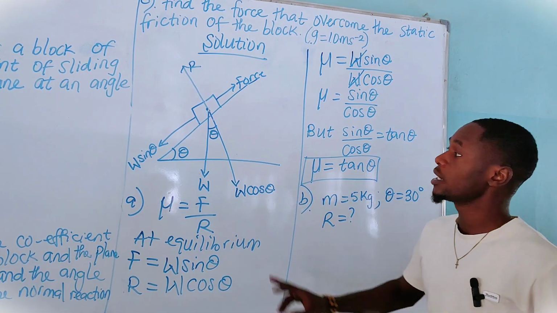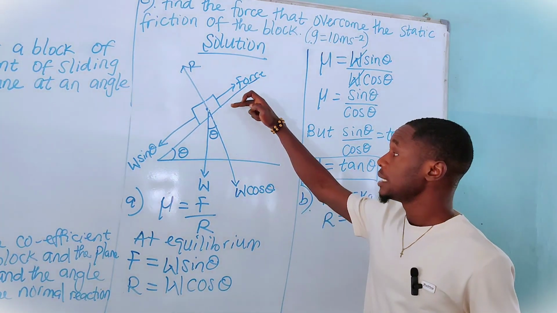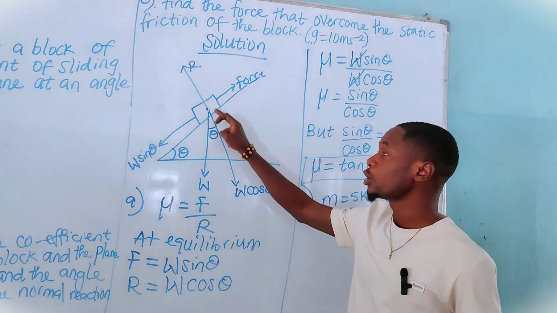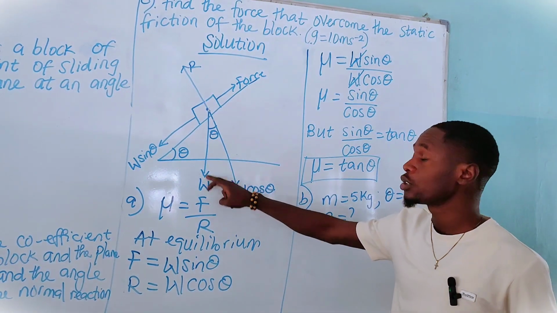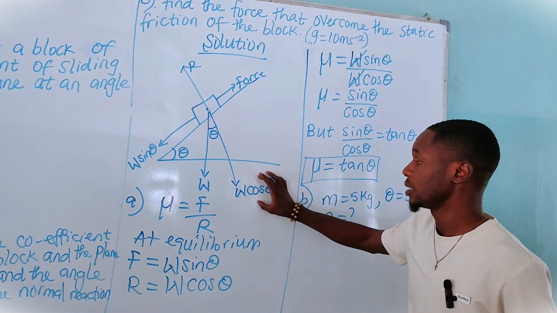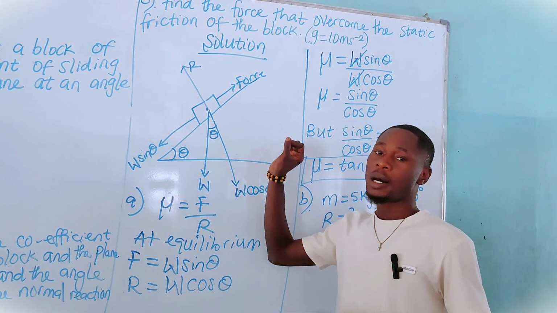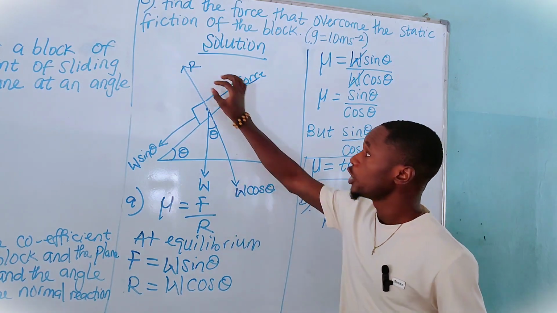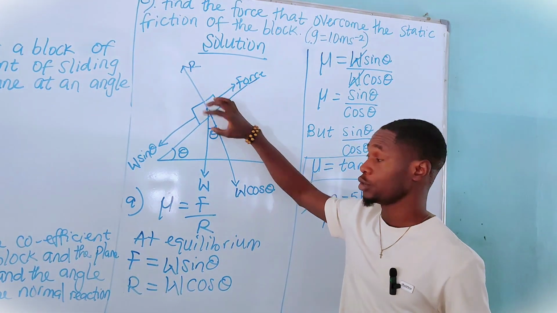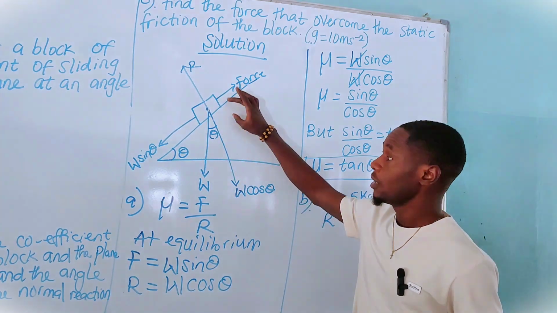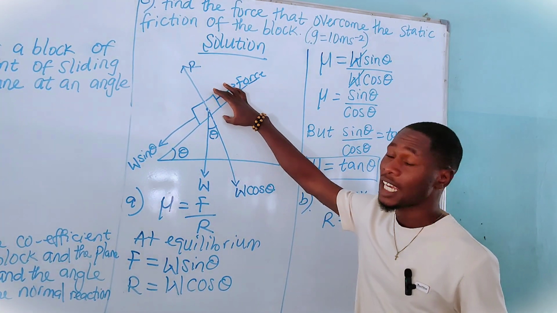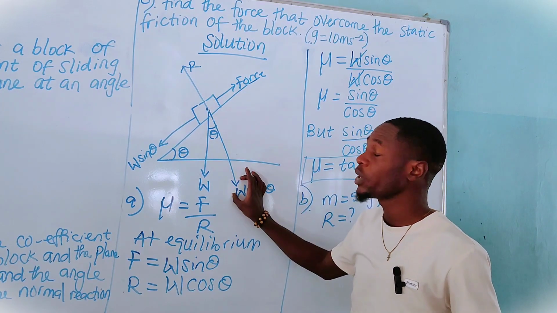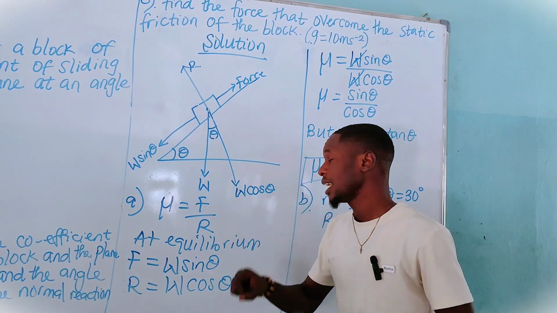One thing you need to know is that for a body resting on the inclined plane, the normal reaction is not equal to the weight, but is equal to the horizontal component of the weight. It is only on a horizontal surface that the normal reaction will be equal to the weight. But for a body resting on an inclined plane, the normal reaction is equal to the horizontal component of the weight, not the weight itself.